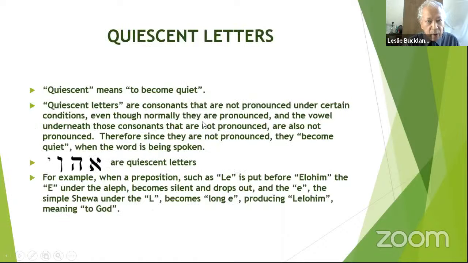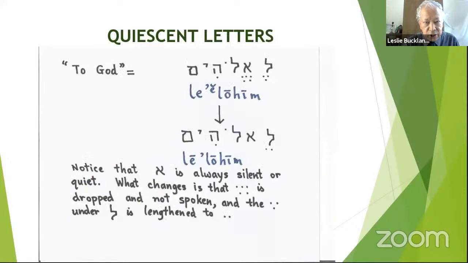We looked at quiescent letters, which means letters that become quiet. And they become so quiet that even the vowel or the shawa or the composite shawa under it is removed and not pronounced. This was illustrated by the preposition lameth coming before the word Elohim.